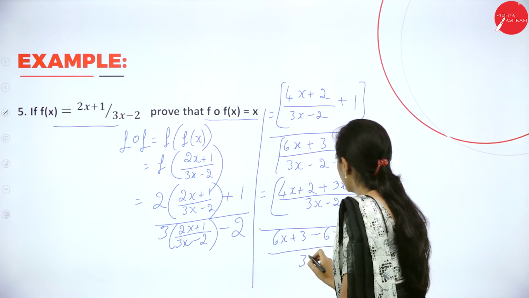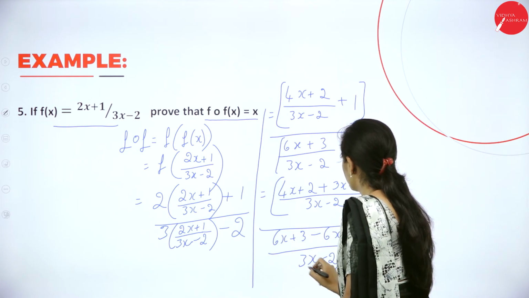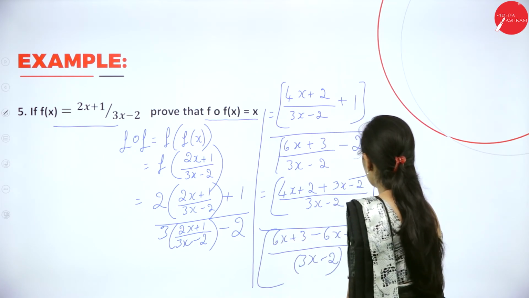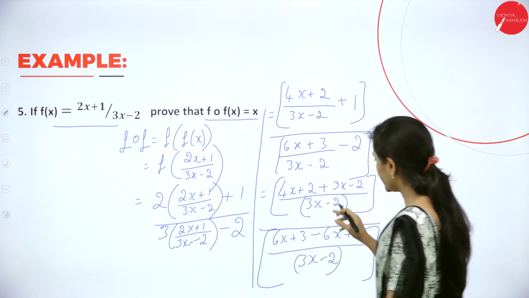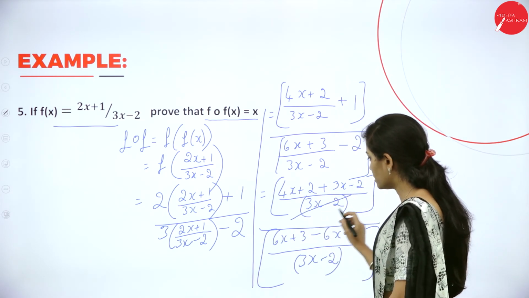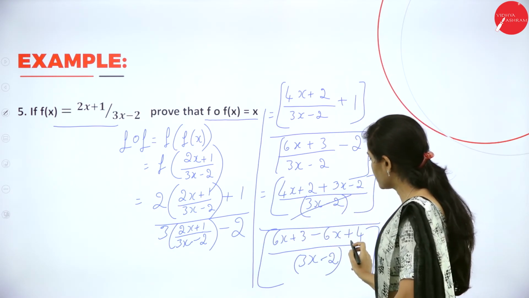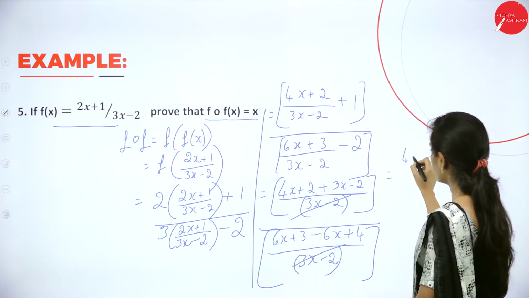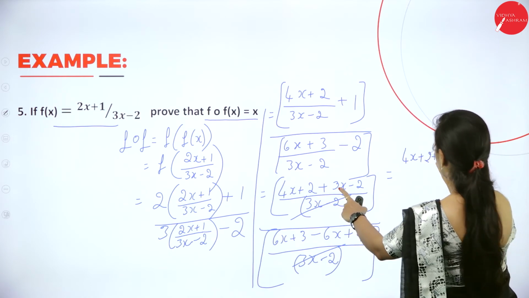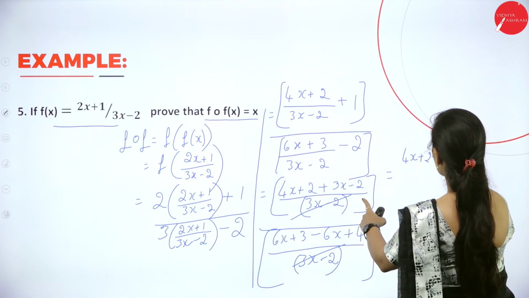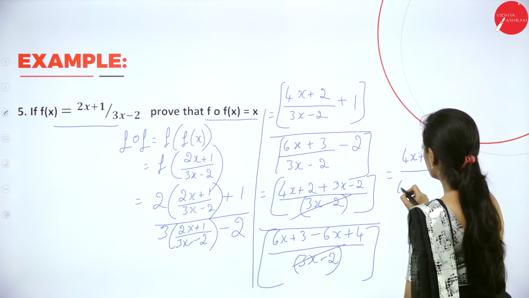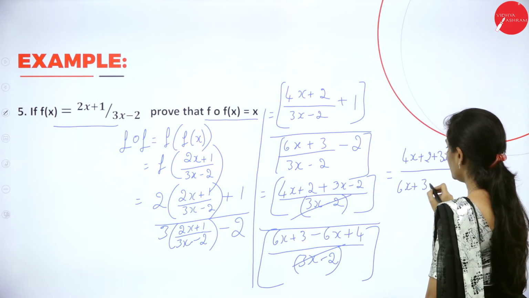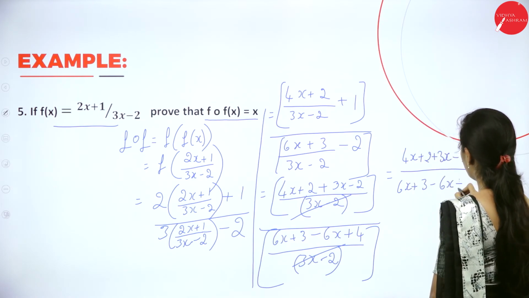In the denominator we have LCM called 3x − 2. So in numerator and denominator, you can cancel the LCM 3x − 2. You will get (4x + 2 + 3x − 2) divided by (6x + 3 − 6x + 4).